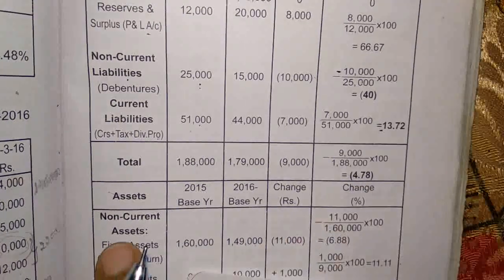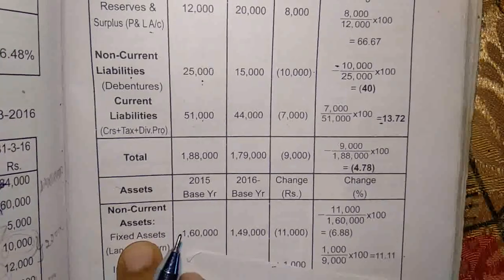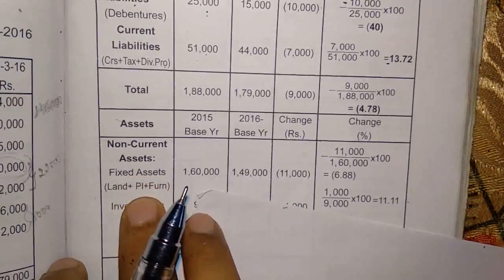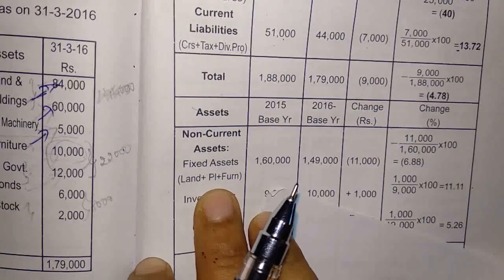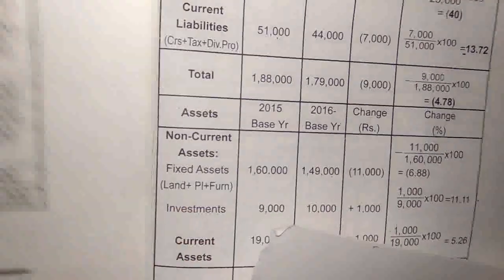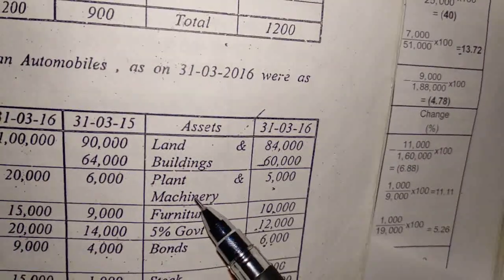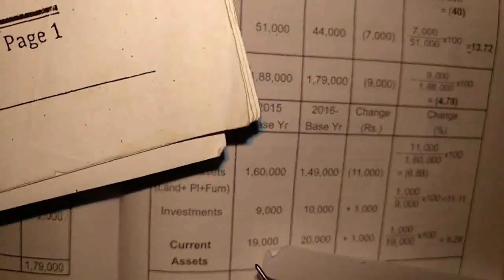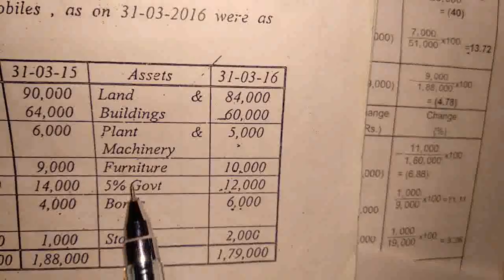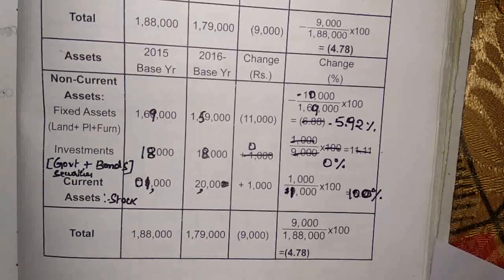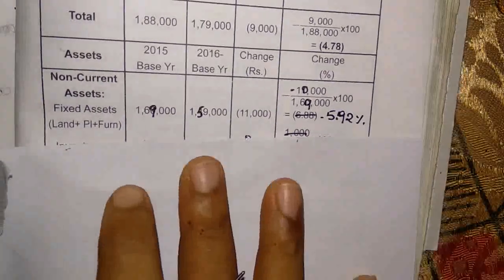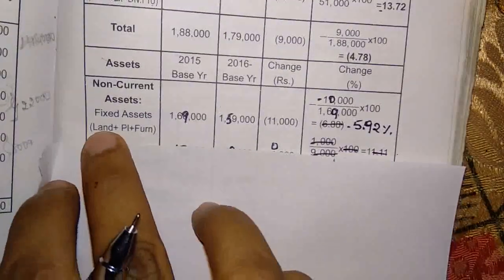Similarly, we can calculate for assets. First, non-current assets. Under that, fixed assets. There are 3 fixed assets here: land and building, plant and machinery, and furniture. We are taking all the fixed assets together.